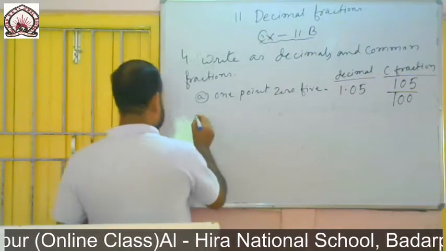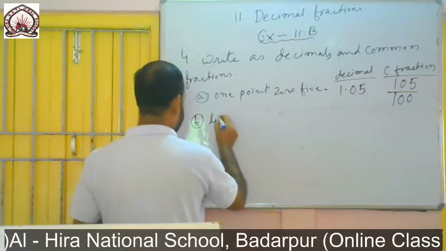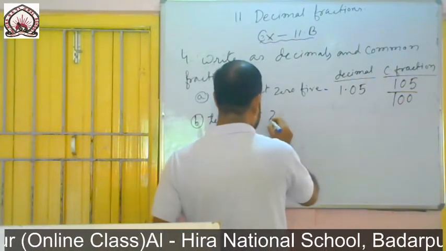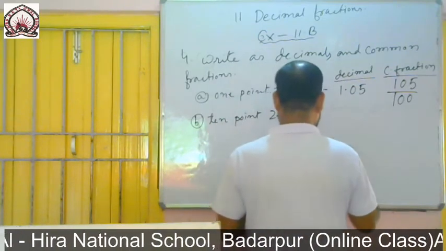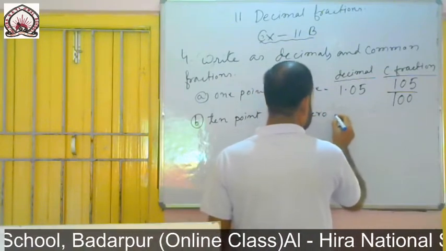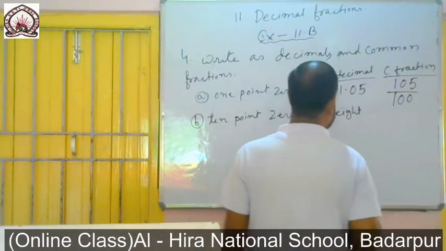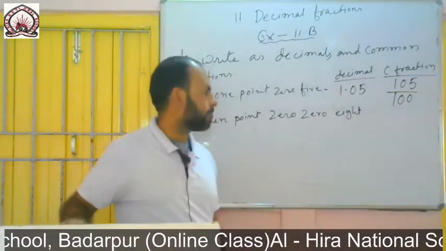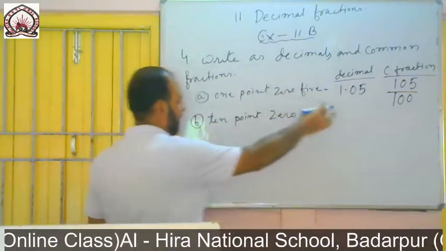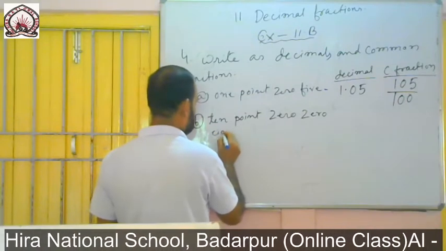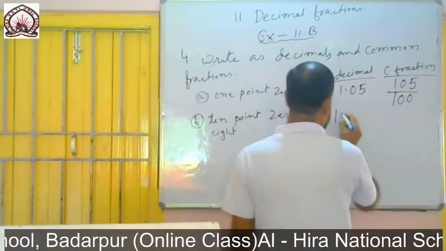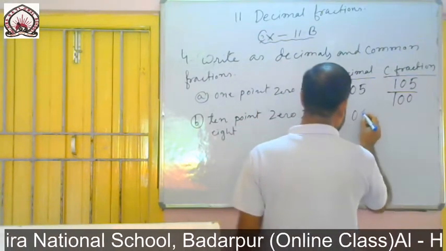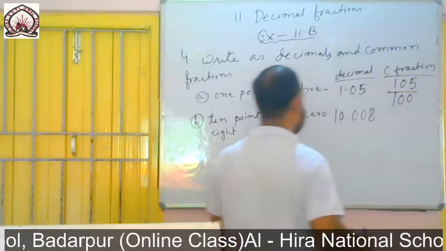Next question number B, 10.008. We write 10, then point, then 008. 10.008.